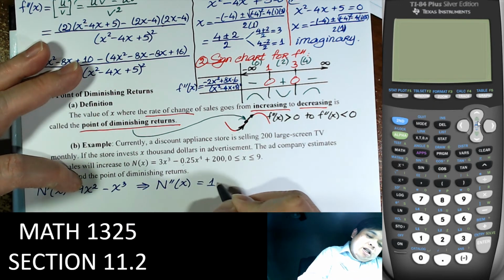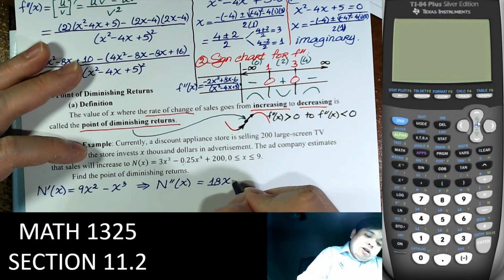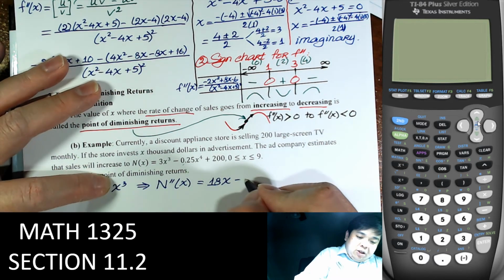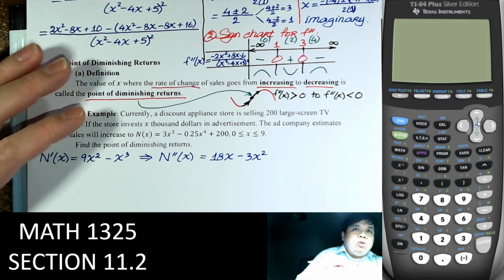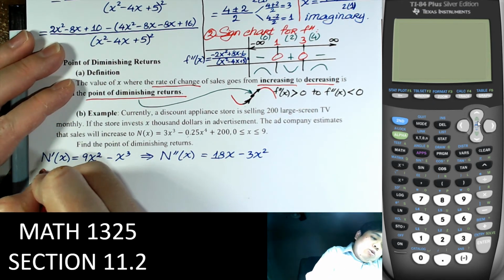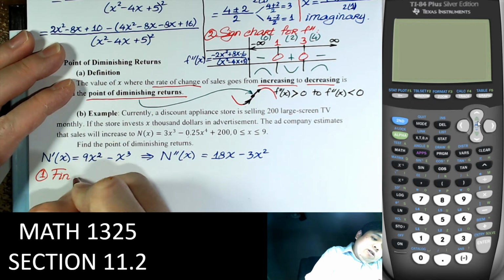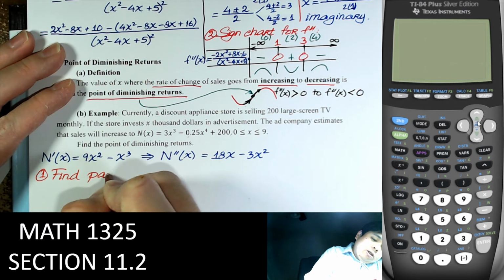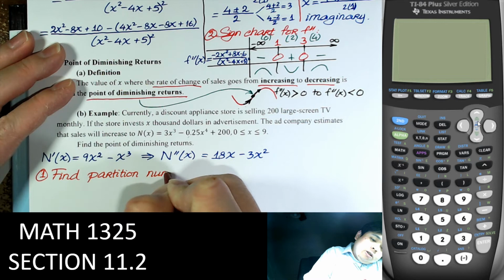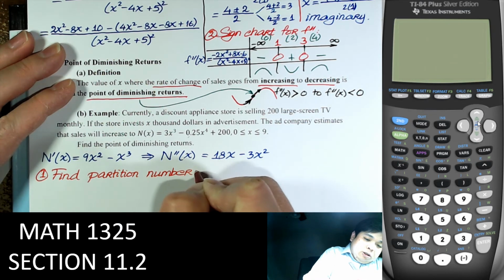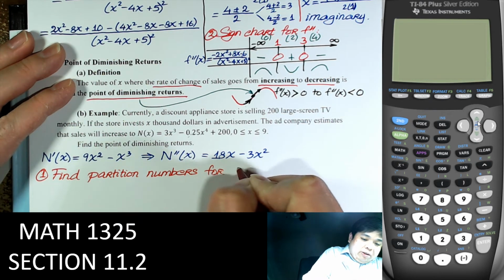That gives us 18x minus 3x squared. Alright, so we have the second derivative. First we'll find the partition numbers for the second derivative.